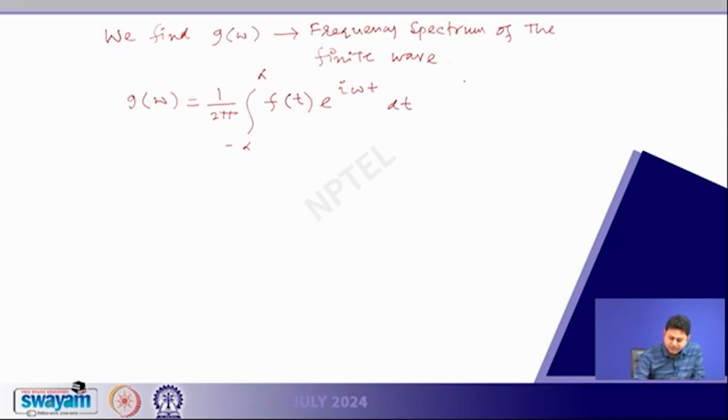Here I should write once again what our f of t was. It was a finite wave ranging from tau 0 by 2 to minus tau 0 by 2.